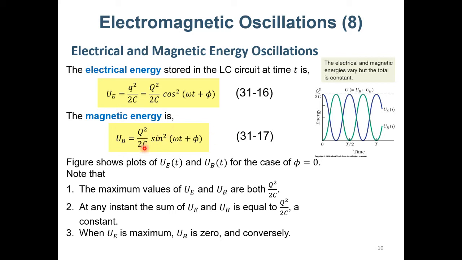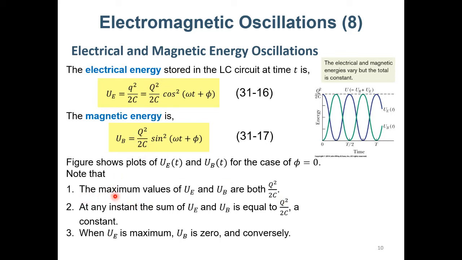And this is very interesting, because when we add them together, cosine squared plus sine squared, with the same argument, is 1, so when you add them together, it will be Q squared over 2C.